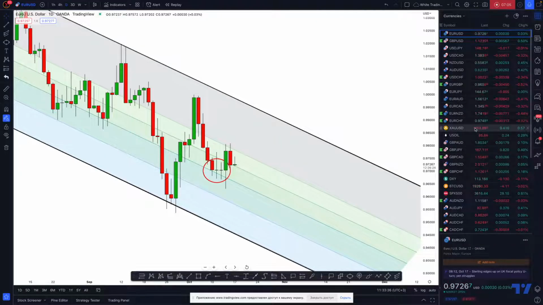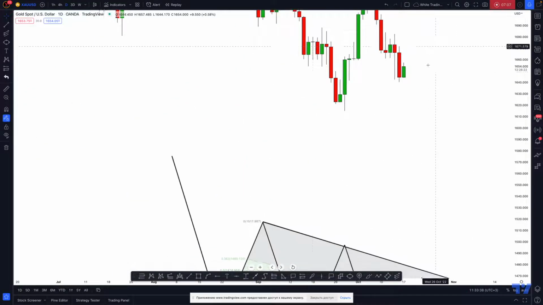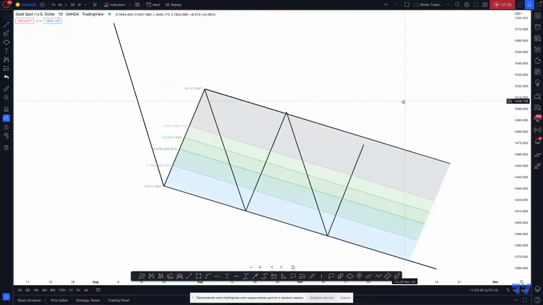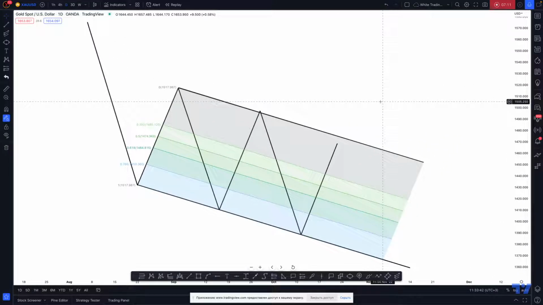So returning back to the basics, the idea of a Fibonacci channel is very simple. Once we spot a perfect parallel channel, based on its boundaries, we can draw the Fibonacci channel showing us the potential supports and resistances within the channel.